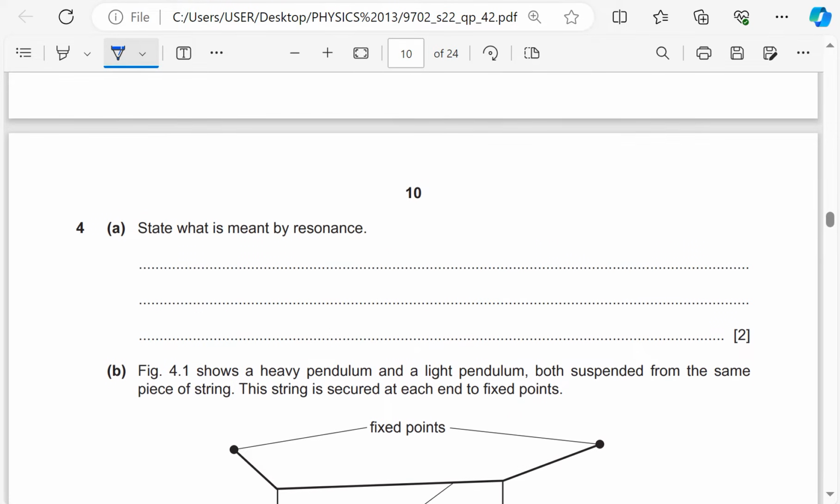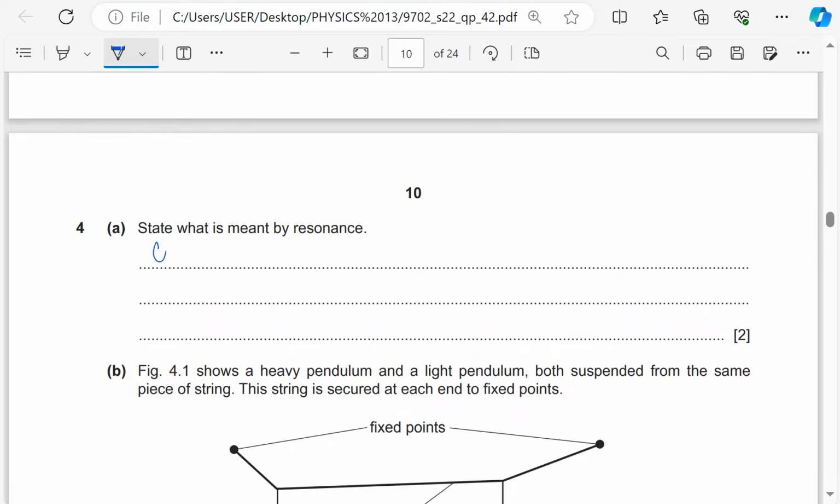Next, what is meant by resonance? Of course, there is resonance if the driving frequency is equal to the natural frequency, and the object will vibrate with the maximum amplitude since it absorbs maximum energy.